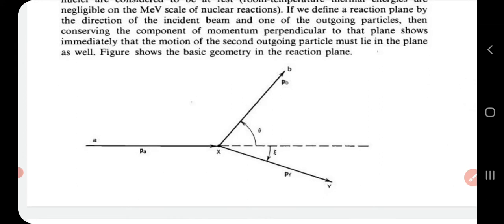That is, the outgoing particle's momentum component will also lie in the reaction plane that we have considered.